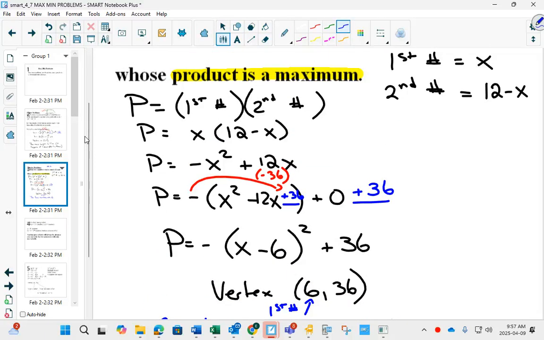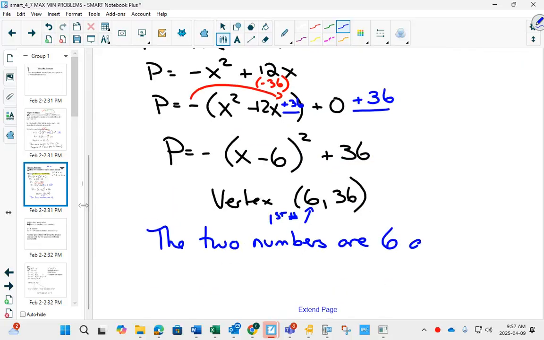We wrote it up here. Our second number is going to be 12 minus the x. So our second number is also 6. They didn't ask for this part, but let's write it out, because this part is always going to be the max or min. In this case, it's the max.